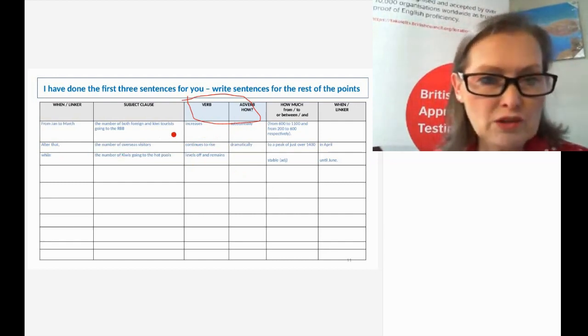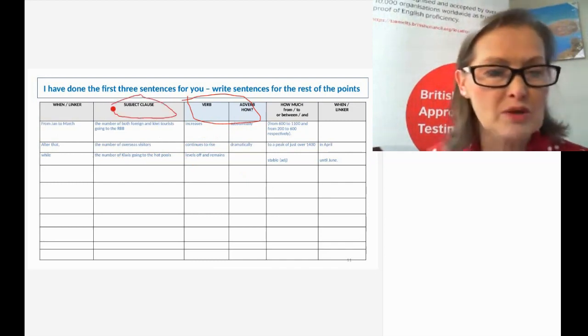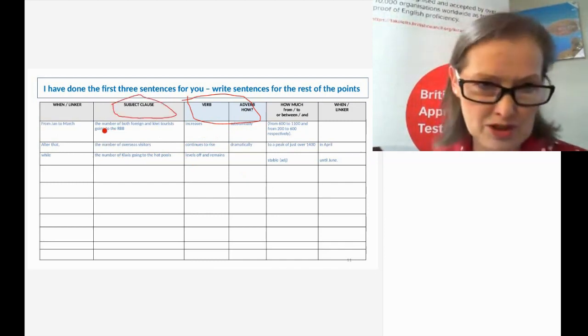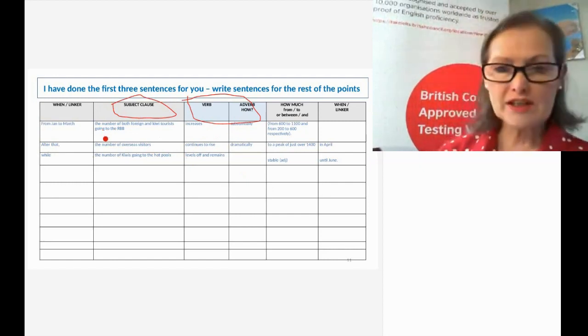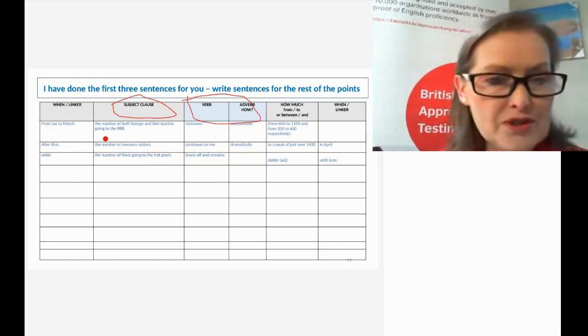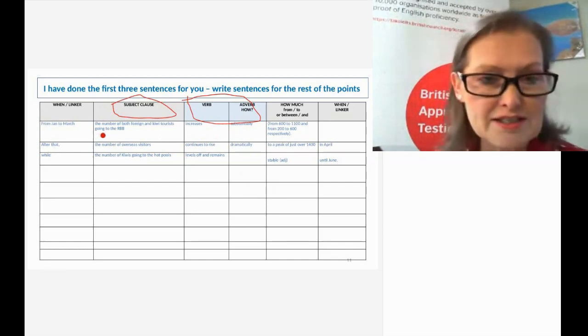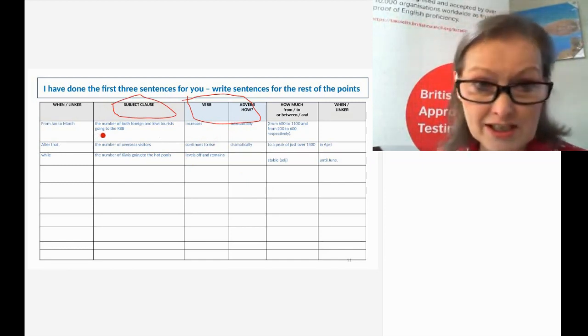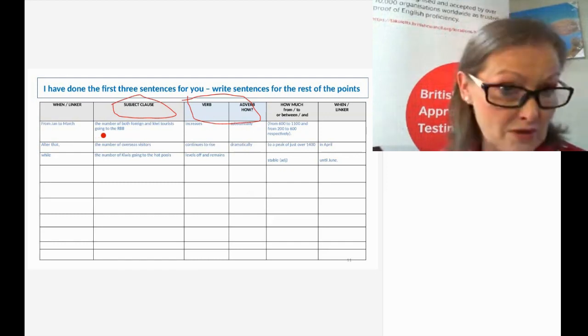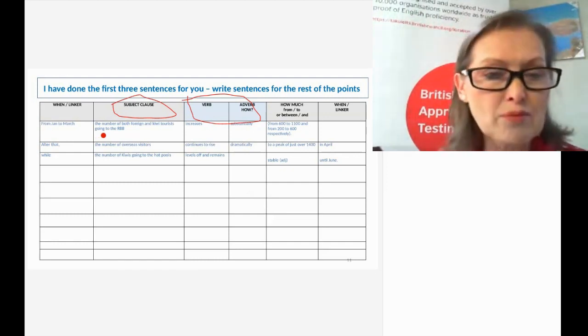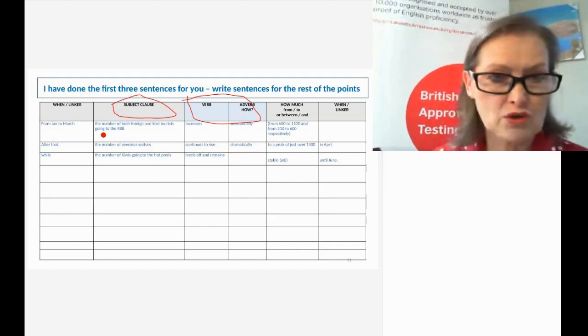We'll have a look at my subject clause, and in my second lesson we spoke about how I can vary my subject clause so that I'm showing the examiner that I can use synonyms, different vocabulary, and I can write these subject clauses with different sentence structures, different grammar structures.